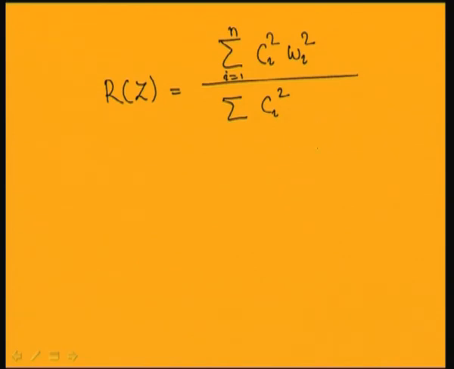Let us write this z in this form: z equal to z1 c1 plus z2 c2 plus z3 c3, up to zr cr plus zn cn. So, we can write this z vector as a linear combination of z1, z2, z3.